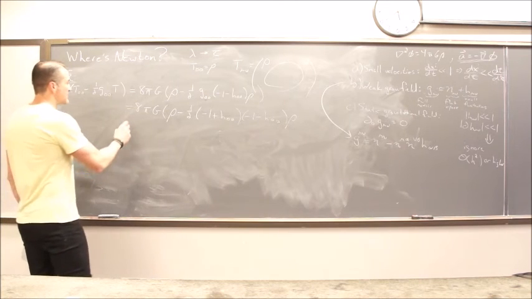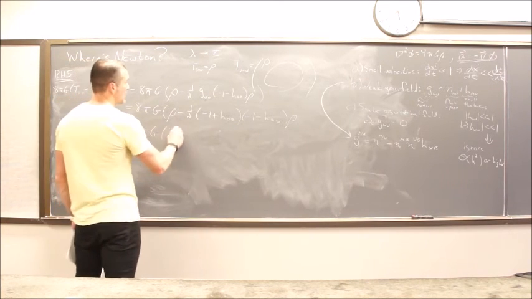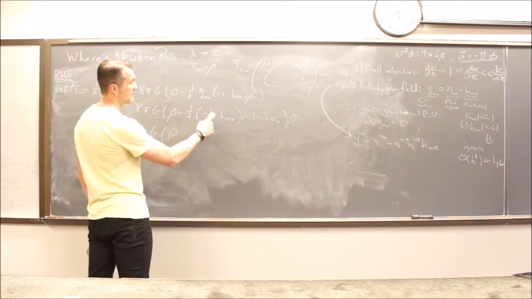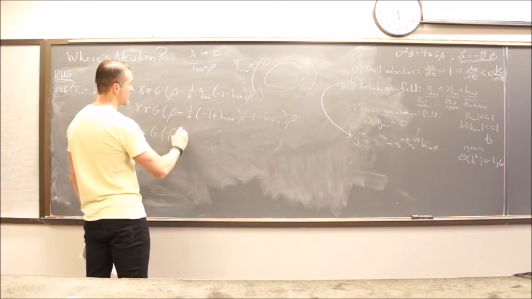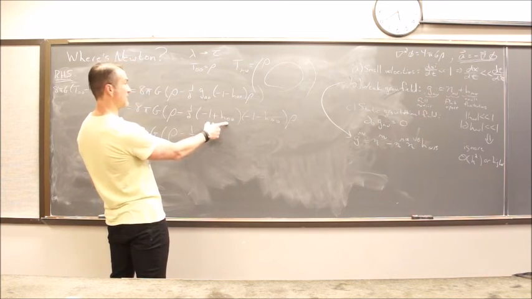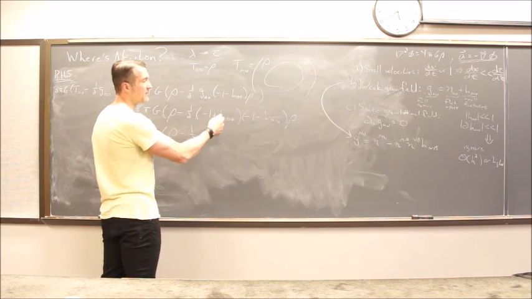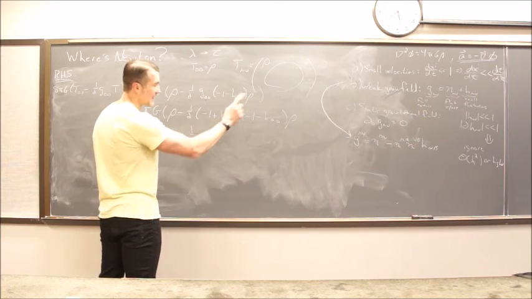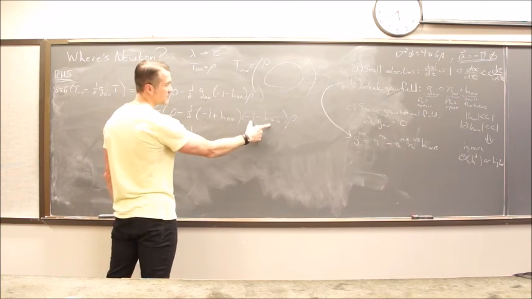Okay, there you go. So this is just a little bit of algebra at this point. So rho minus... the minus 1 and the minus 1 is plus 1, so minus 1/2. And then this is the sum and difference of, well, this will be 1 minus h squared. Minus 1 plus, minus 1 minus.